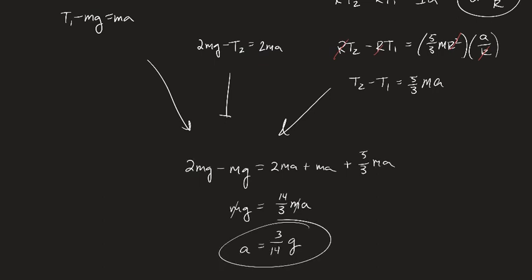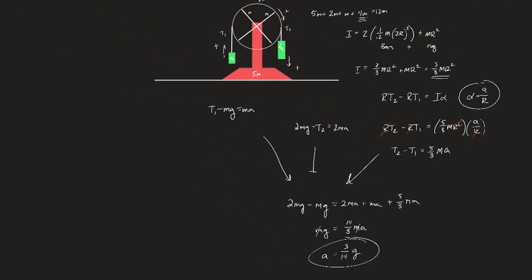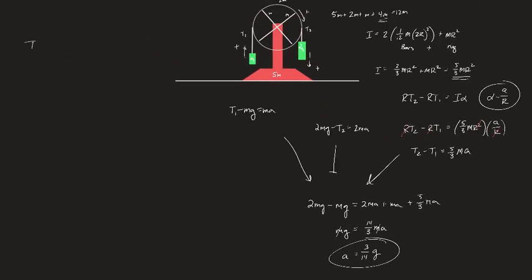Now, there's no particular reason to leave this in terms of a fraction, except that 3/14 is probably a non-terminating, non-repeating decimal. And 3/14 is easier to write because we're not done yet. To do the whole problem, we will need to figure out what T1 and T2 equal, because we're going to need that to figure out the normal force from the table.